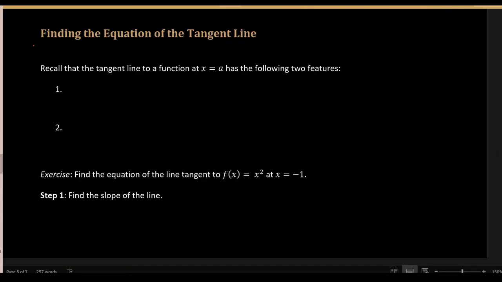Now imagine the problem of trying to find not just the slope of the tangent line, but also to find the equation of the tangent line. In order to find the equation of a line, you usually need 2 ingredients. 1, you need the line's slope, and 2, you need a point on the line.